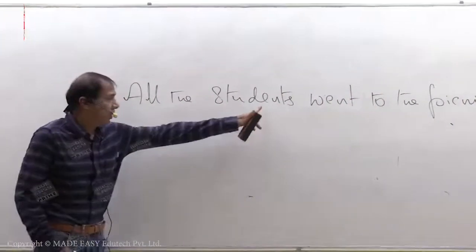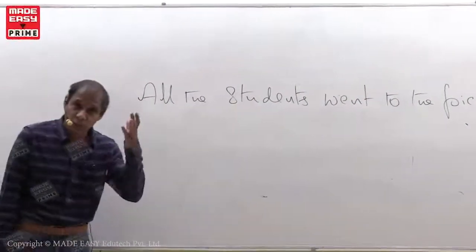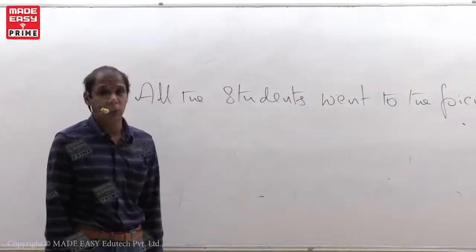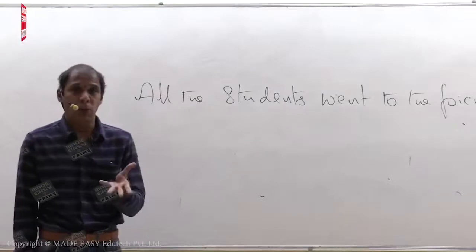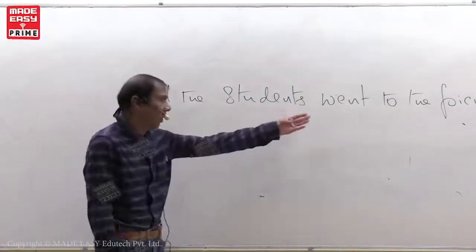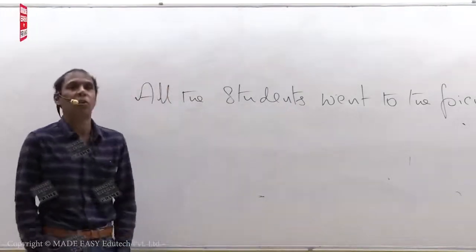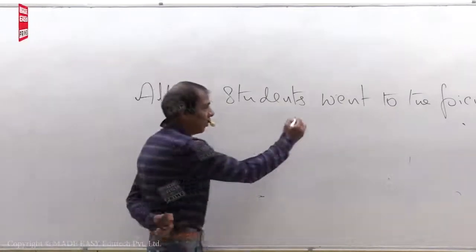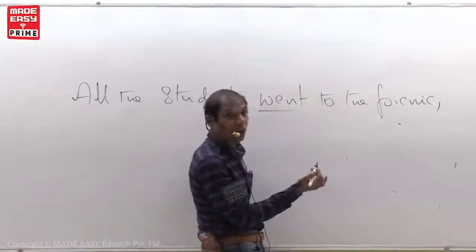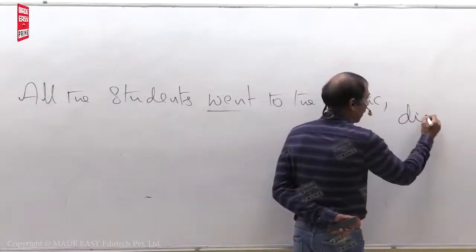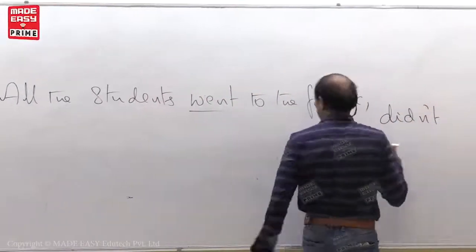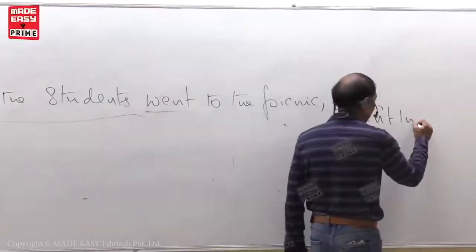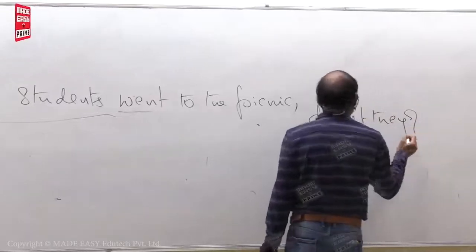Statement is positive, so the question tag must be negative, right? If you want to make negative, what is the rule? Put not after the special verb. Here we have no special verb. When there is no special verb, what is the rule? Borrow do, does or did. Went is past tense, so I have to borrow did. Did not, short form didn't. All the students, in the case of plural, they: didn't they. That's all.